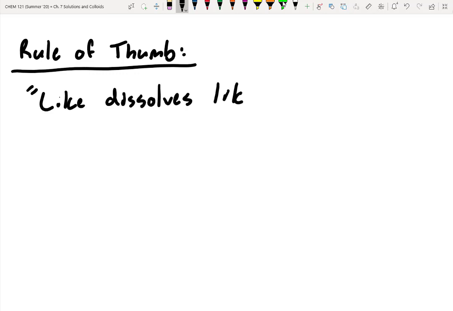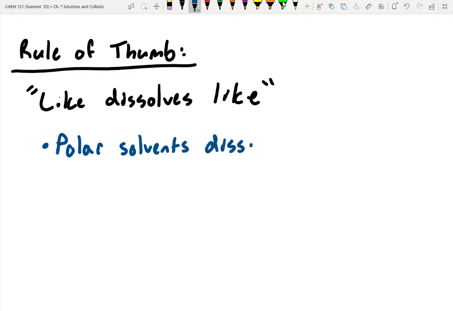You might be wondering, well, what in the heck does that mean? Well, let's break it down into some easy explanations. And what this means is that polar solvents dissolve polar or ionic solutes.